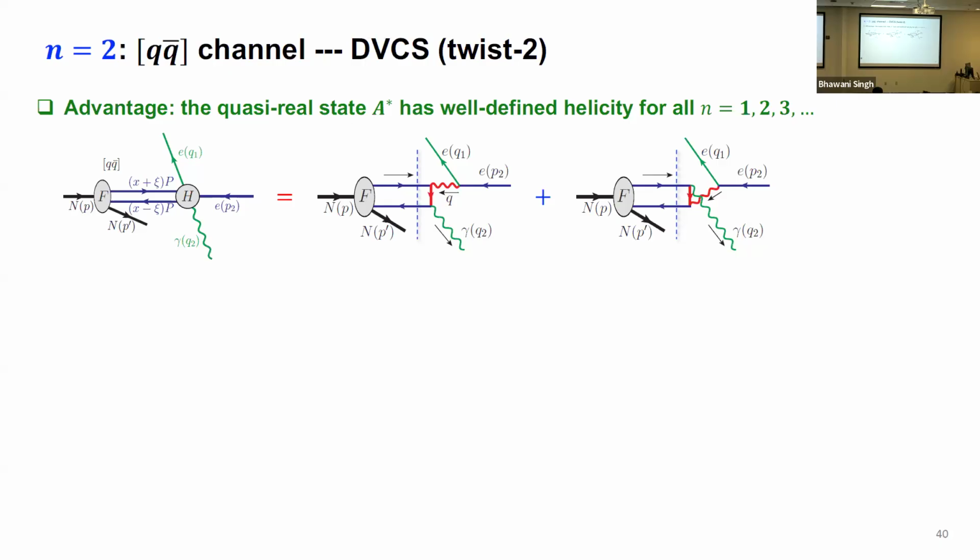But here, because we are having this QQ bar pair with a low virtuality but a large momentum, that's something similar to the DRS. The low virtuality can be neglected when the quarks enter the hard interaction.